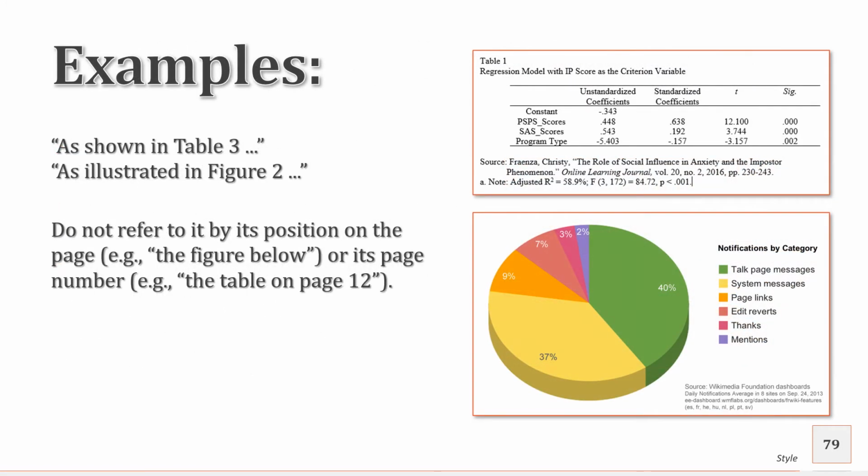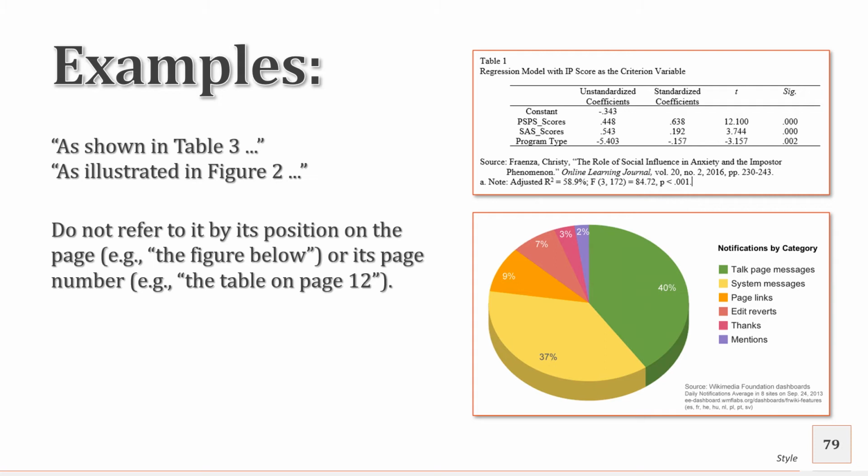As previously mentioned, when you are referring to these visuals, always state the caption number of the image or the graph. Now, if we look at the top right-hand corner, Table 1, that is our numbered caption, and just underneath, regression model with IP scores as the criterion variable.